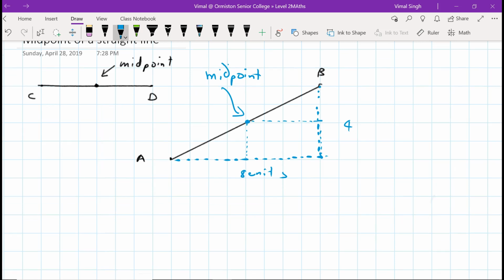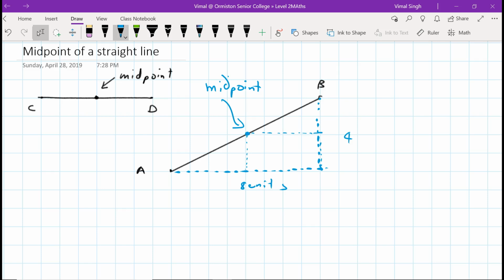So let's say that point over here, A, is 0, 2, and then we'll make this point over here to be 8, 6.